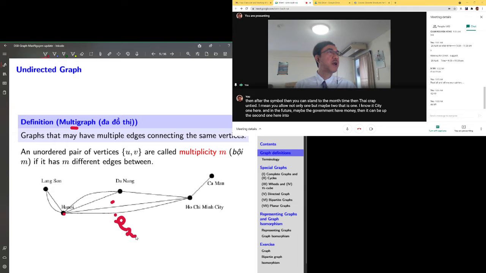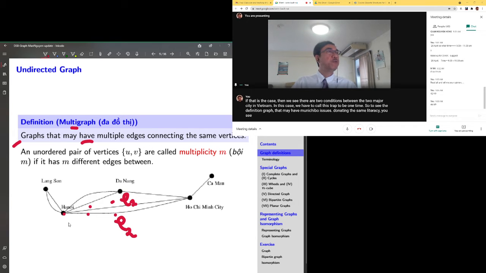The first highway can be National Way number 1, and the second highway may be realized in the next 10 years, we don't know. But if that is the case, then there are two connections between the two major cities in Vietnam. In that case, we have to call this graph a multigraph. So this is the definition: a graph that may have multiple edges connecting the same vertices.